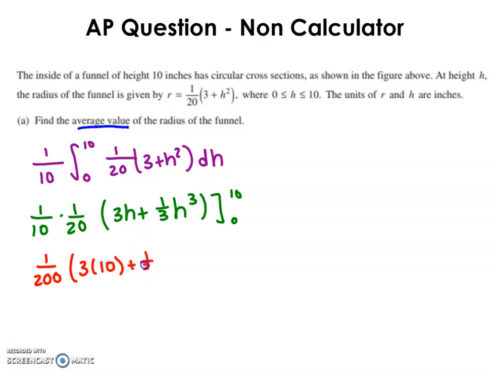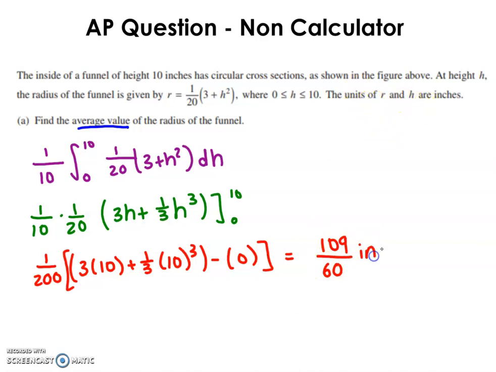So 3 times 10 plus 1/3 times 10 cubed. And then put a little bracket there. Minus, when I plug in 0, I get just 0 for all that. Okay, so if we solve this correctly, we should end up with 109 over 60. And because they told us the units are in inches, we have to make sure we put inches as our unit. And that would be our answer.